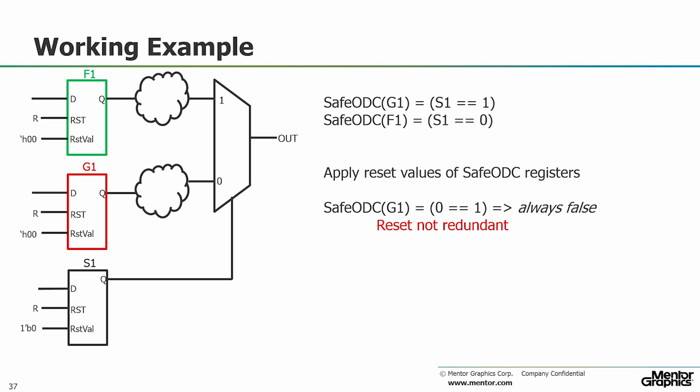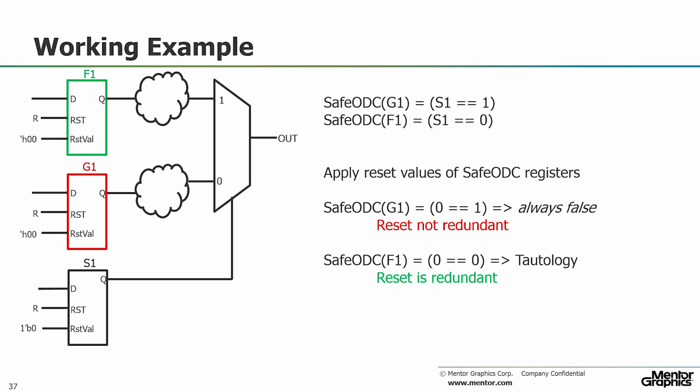Similarly, on applying the reset value 0 in the safe ODC condition for register F1, it results in a tautology. This says that the reset value of the register F1 is never visible at design outputs. Hence, its reset is redundant and can be removed.